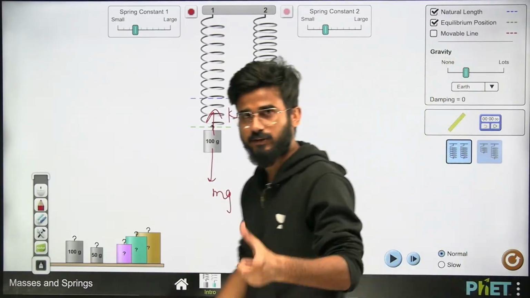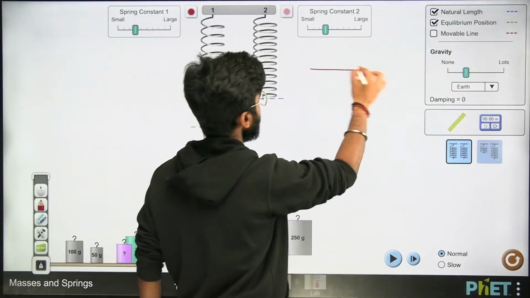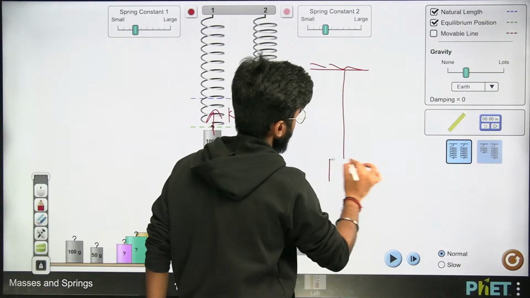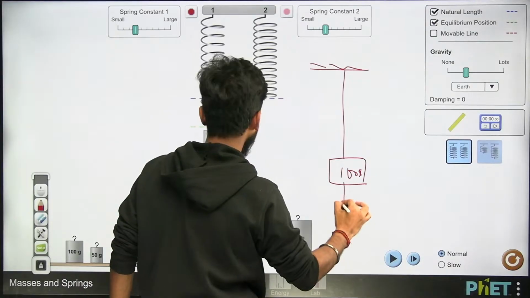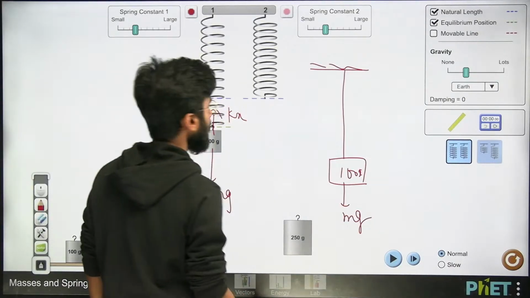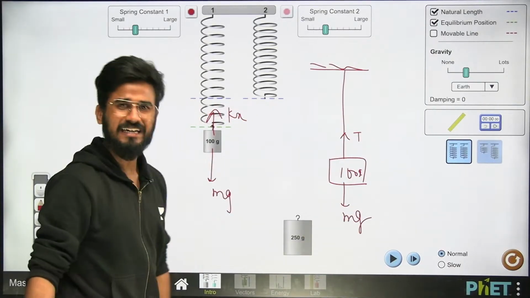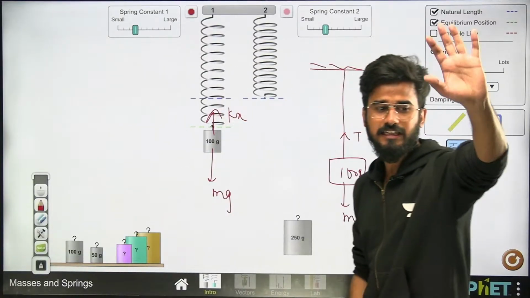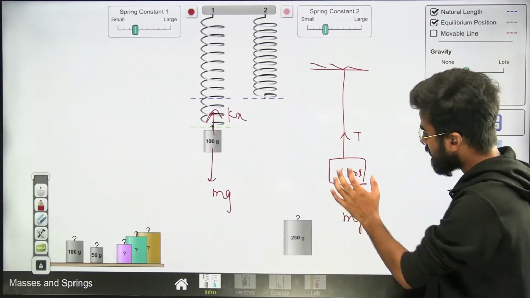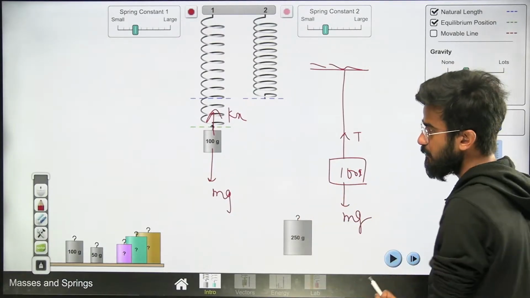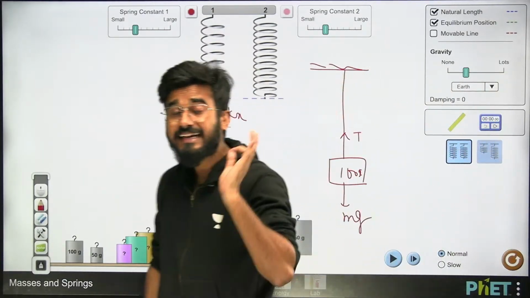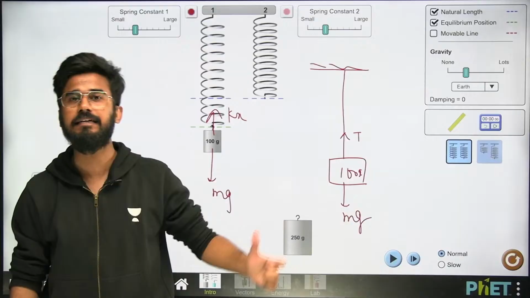Suppose that it was a string. Suppose that there is a string, and there is a block, and this is also 100 gram, and this is the mg, and there is a tension. Just listen to me very carefully: when this mass is removed, the tension becomes zero suddenly.